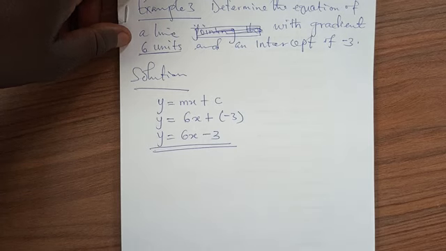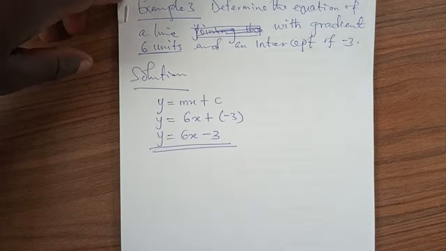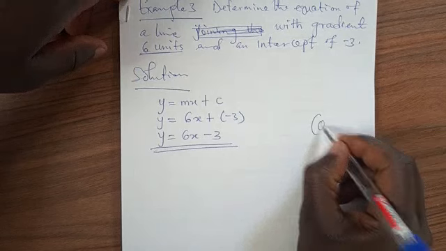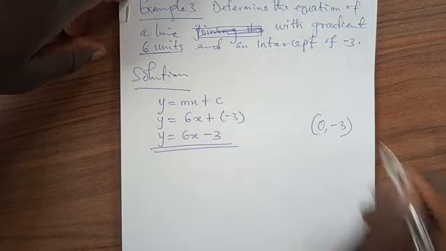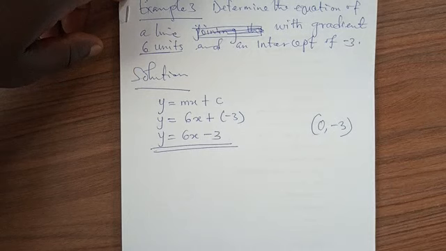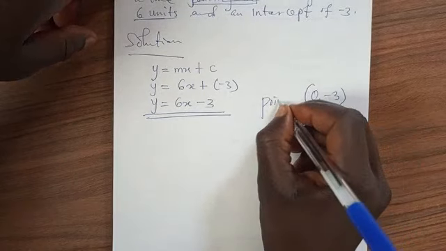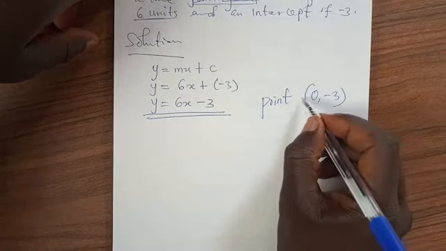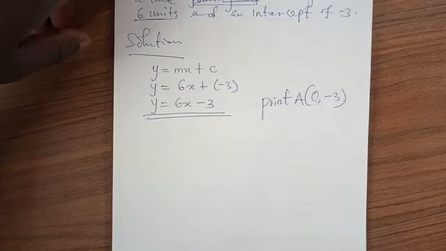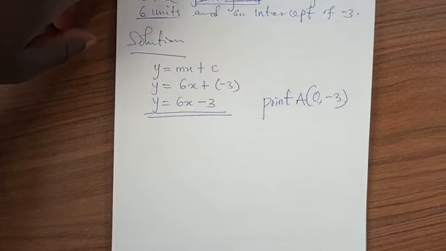However, some questions can be asked without mentioning the intercept. Students should always be careful that the intercept, this point -3, can also be written as (0, -3). Instead of calling it an intercept, the examiner may just say the point A (0, -3), meaning the intercept.